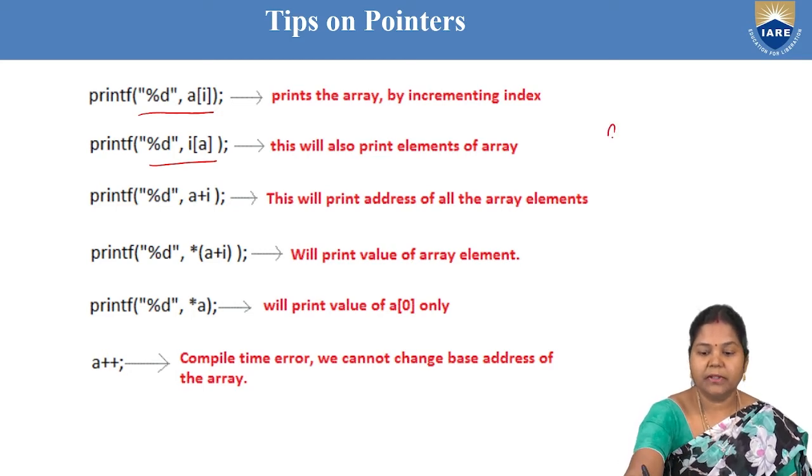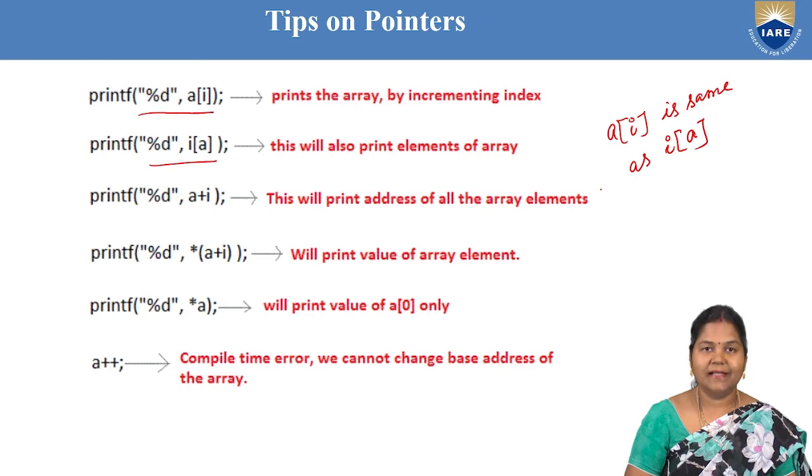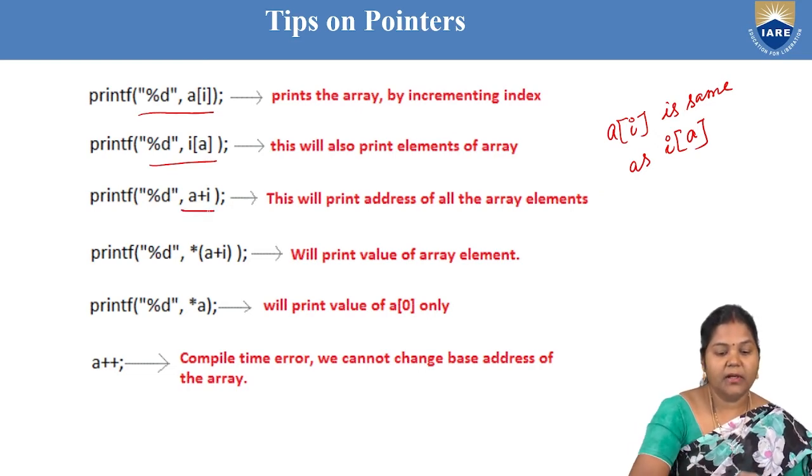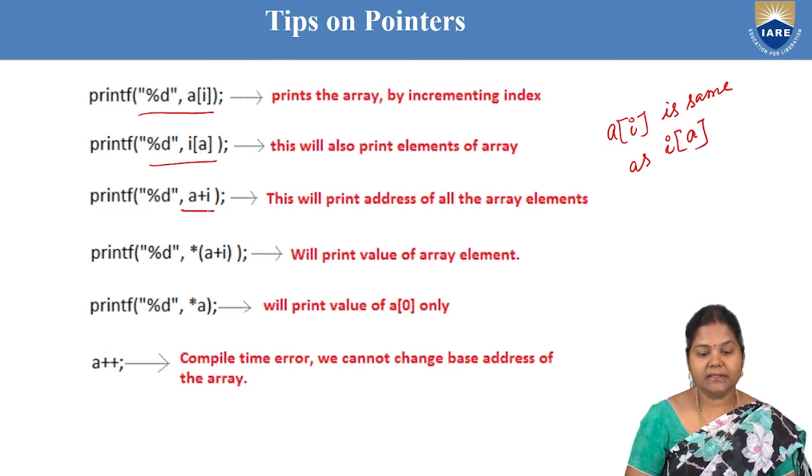So you need to understand a[i] is the same as i[a]. This is allowed in C language. Next, if you write printf("%d", a+i), this will print the address of array elements. So if i is equal to 0, it will print the address of the 0th element.